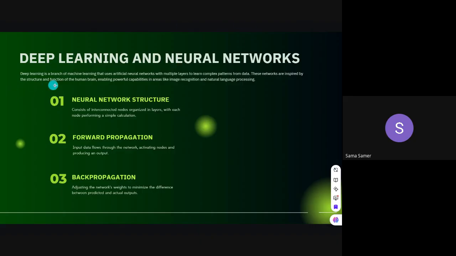Neural networks, again, are inspired by the human brain, enabling powerful capabilities in areas like image recognition, language processing, and so on. We have a neural network structure, and we have talked about it, and we will talk about forward propagation and backward propagation.